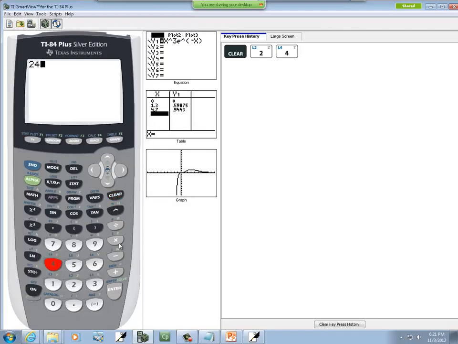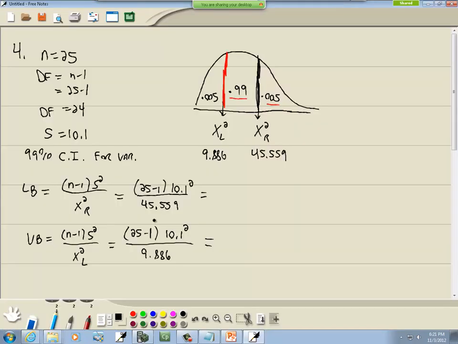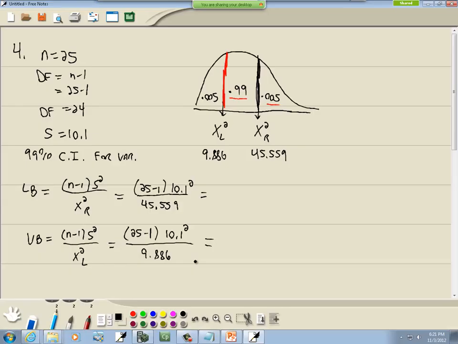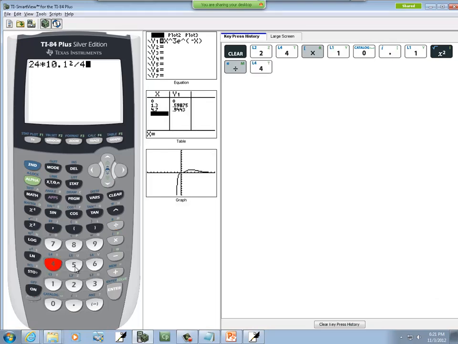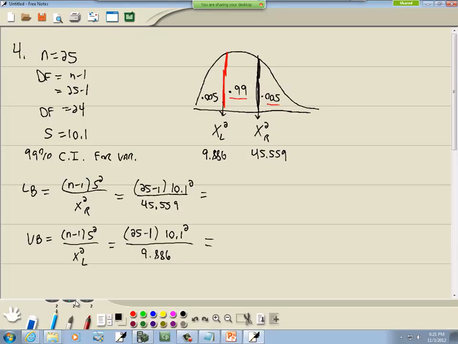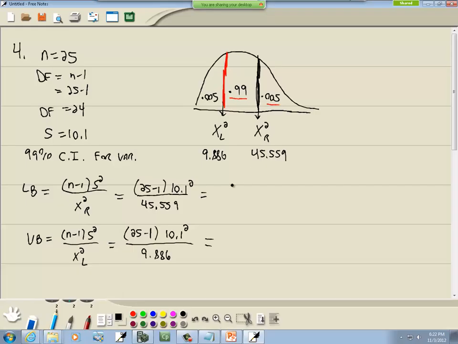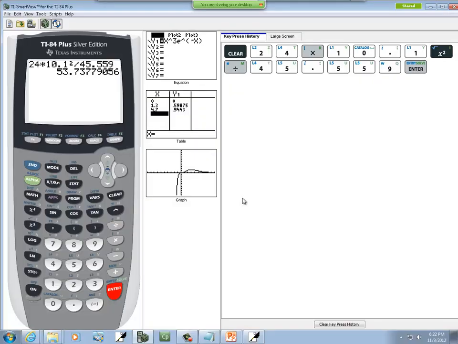You might as well do part of that in your head: 25 minus 1 times 10.1 squared, 10.1 squared divided by 45.559. Enter. And I'll take it to 2 decimal places. So we got 53.74.